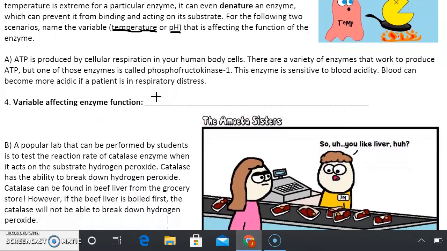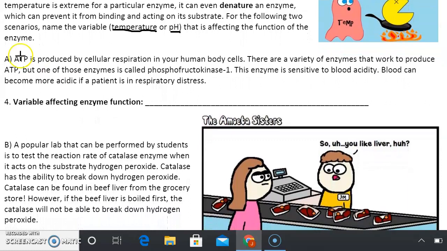So temperature or pH. It says ATP is produced by cellular respiration in human body cells. There are a variety of enzymes that work to produce ATP, but one of those enzymes is called phosphofructokinase 1. This enzyme is sensitive to blood acidity. Blood can become more acidic if a patient is in respiratory distress.